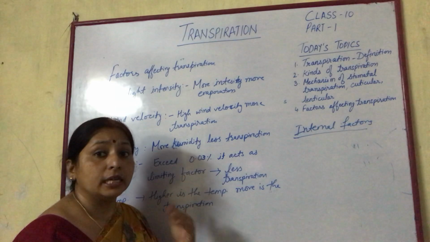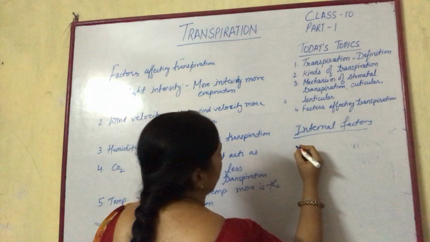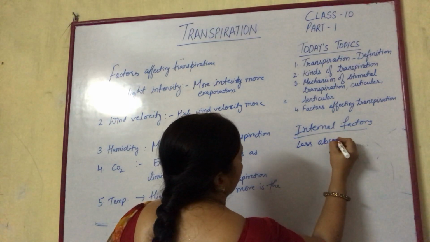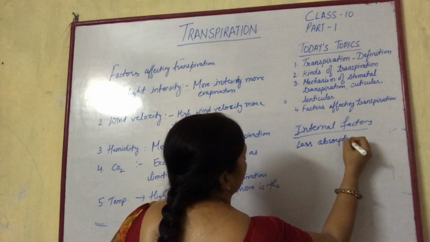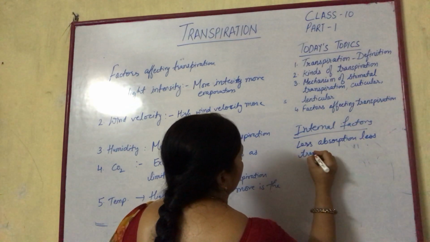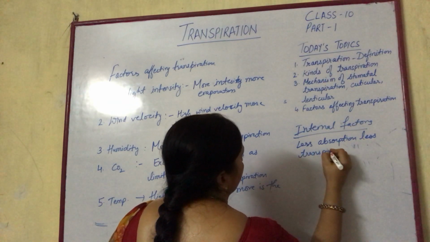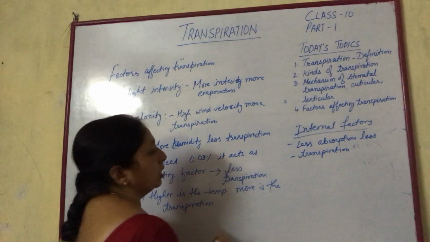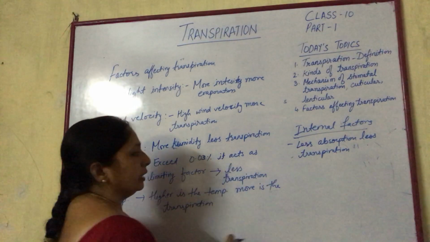Flaccidity of the cells results in less transpiration. So less absorption, less transpiration, otherwise it would lead to wilting of the leaves.